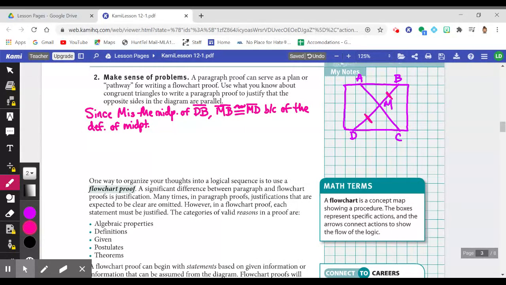Now, I believe they also informed us that M is the midpoint of AC. So because we know M is also the midpoint of AC, we know that AM, this segment, is congruent to MC.